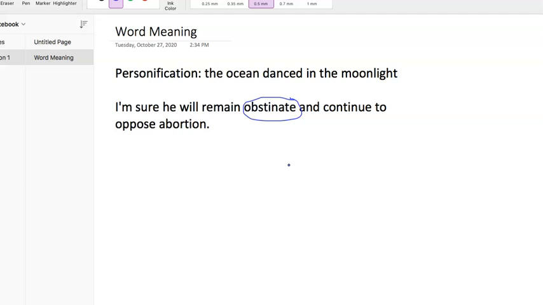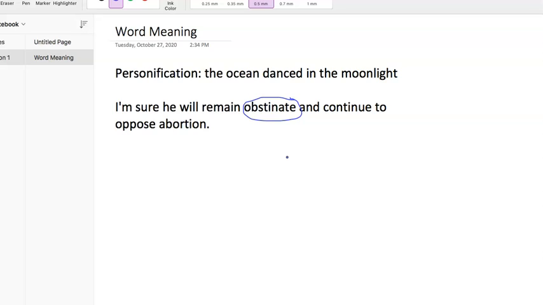So he's opposing abortion. Based on the writer, there's two possibilities here at first. One is that he's just being stubborn, and the writer thinks that anybody who is opposing abortion is being stubborn. That would be one answer choice, some word that's something like stubborn.